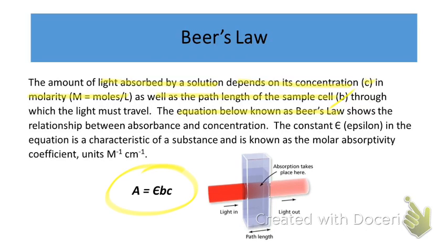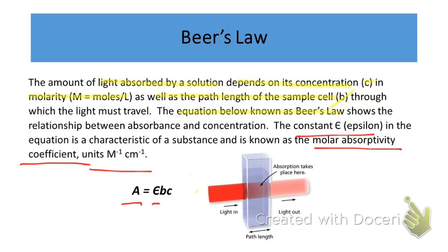That's what we're going to focus on, the parts of this equation. A is the absorption, the amount of light that the compound is absorbing. Then we have this funny looking symbol called epsilon. Epsilon is known as the molar absorptivity coefficient, and it has units of moles to the minus 1, centimeters to the minus 1.